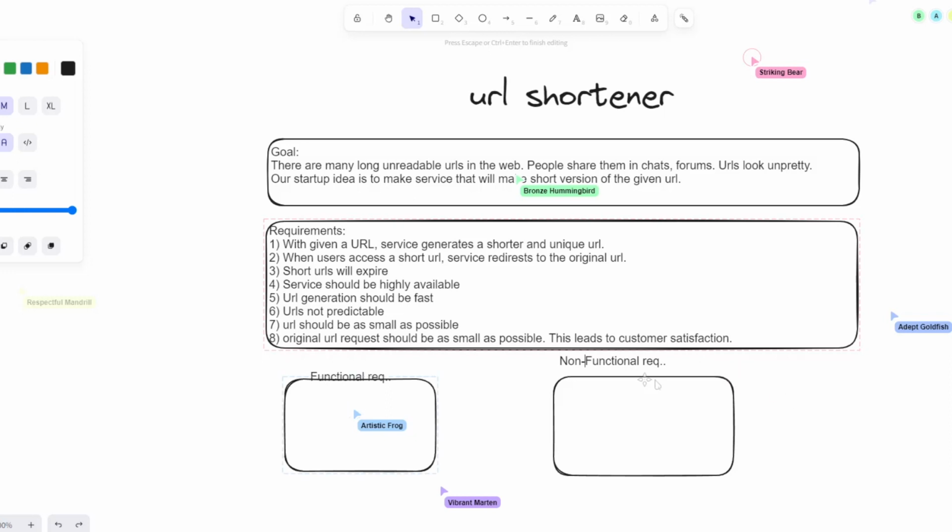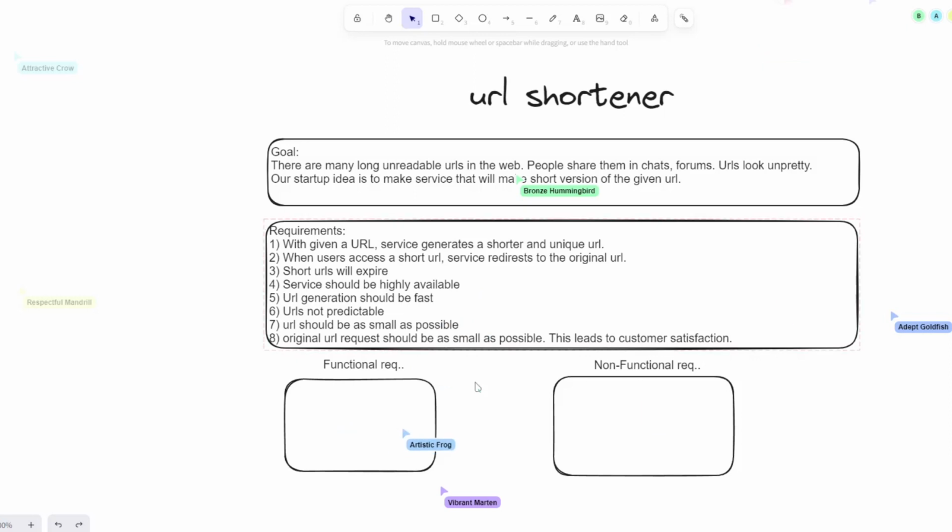The basic idea is that functional requirements are those about how we can communicate with the user and what we can see, and non-functional requirements help us deal with traffic and big loads.